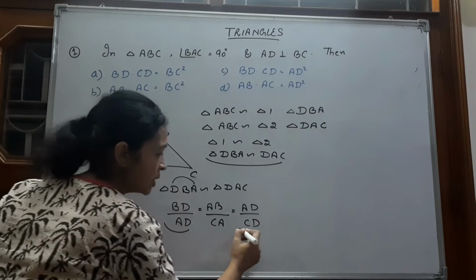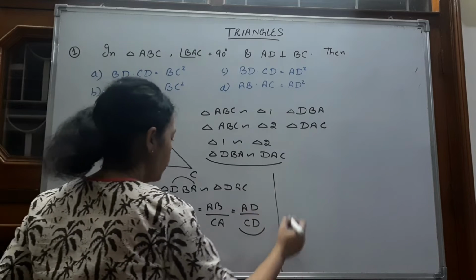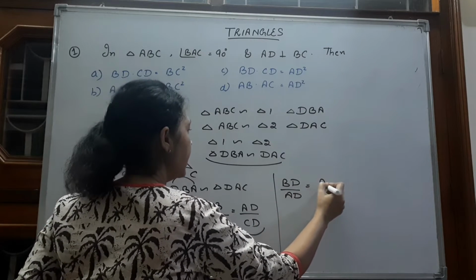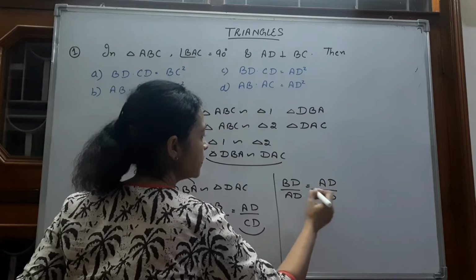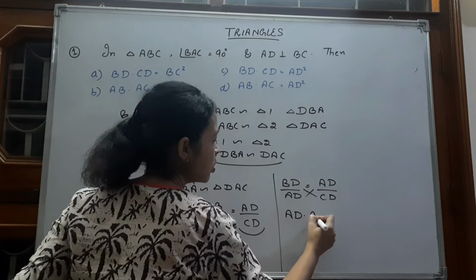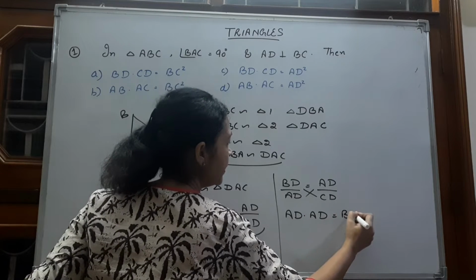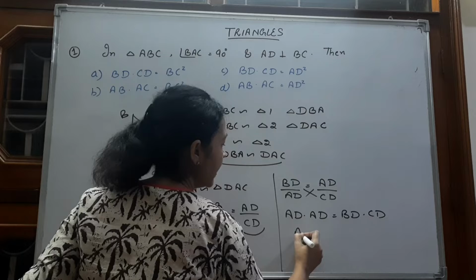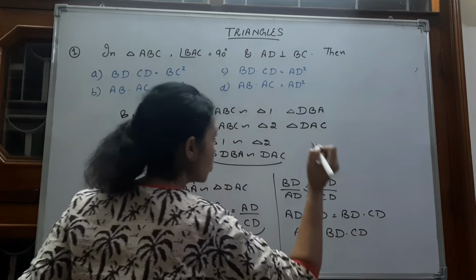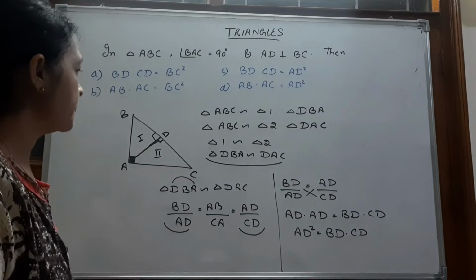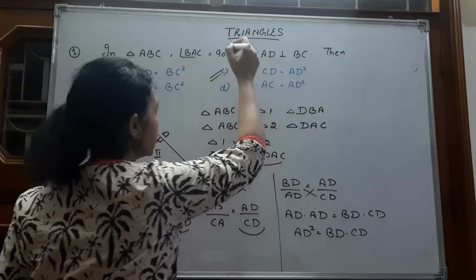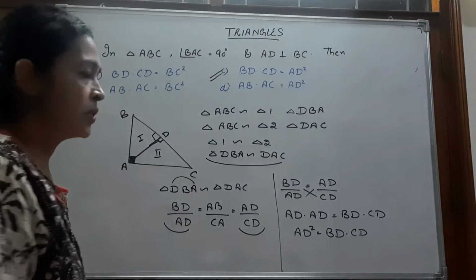Let's take these two terms: BD upon AD equals AD upon CD. Cross multiply: AD cross AD equals BD into CD. AD square equals BD into CD. So which option is correct? AD square equals BD into CD, option C. This is our correct option.